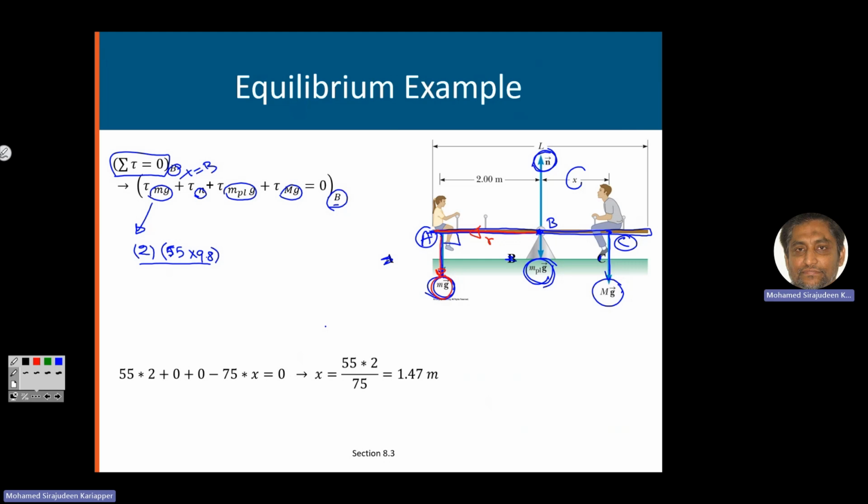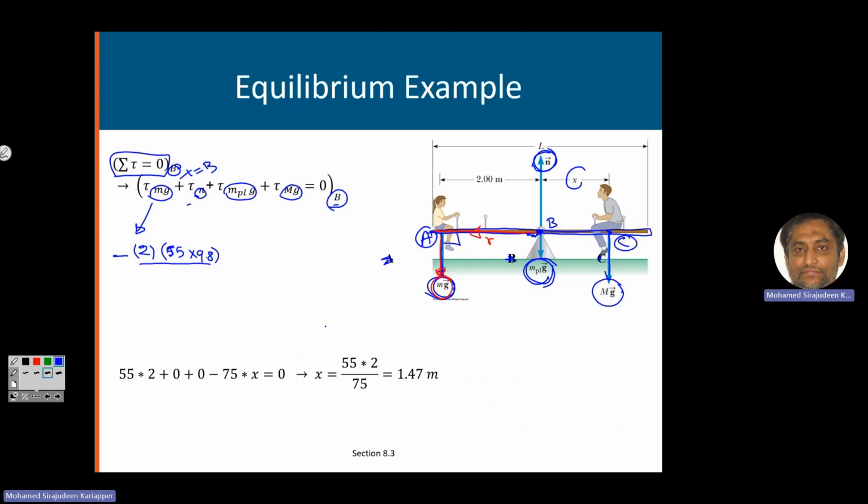Now tell me which direction. This is the pivot point, right? We are taking the torque about the point B, and this is the force. This woman is putting a force down here. Which direction will it rotate? Clockwise. Clockwise is negative.